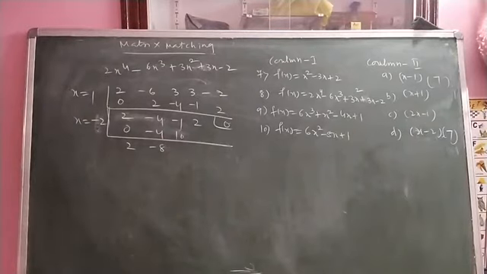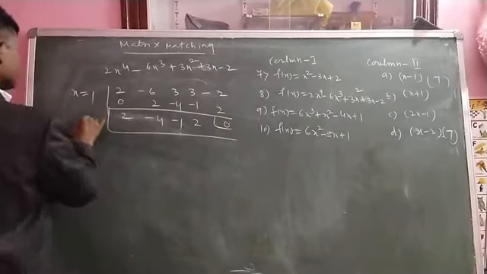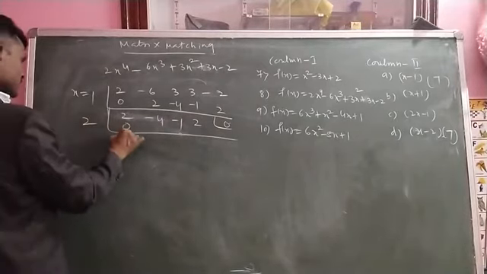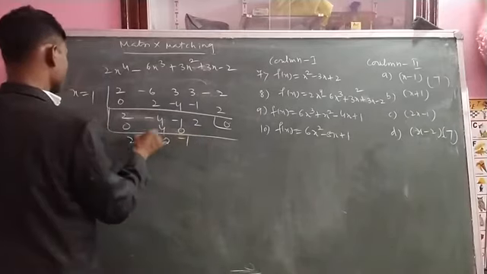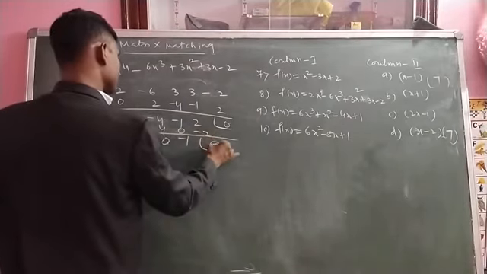Okay. Here x is equal to 2 you have to take. It will come. x is equal to 2, 0. Here 2. 2 into 4, 0. 0 into 2, 0. Minus 1. 1 into 2, minus 2.